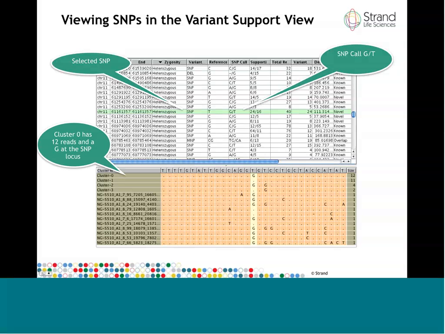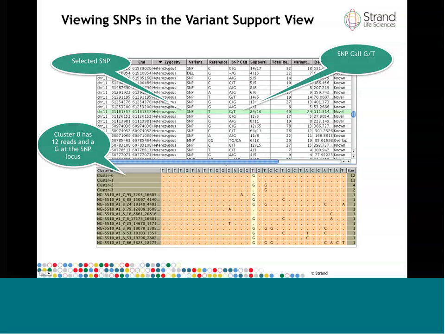What the variant support view does is take all of the reads below that locus and cluster them. Here you have cluster 0 that has 12 reads in it. The size of the cluster is at the extreme right. All of these reads have a G in the locus of interest, and the rest of the surrounding loci match the reference.